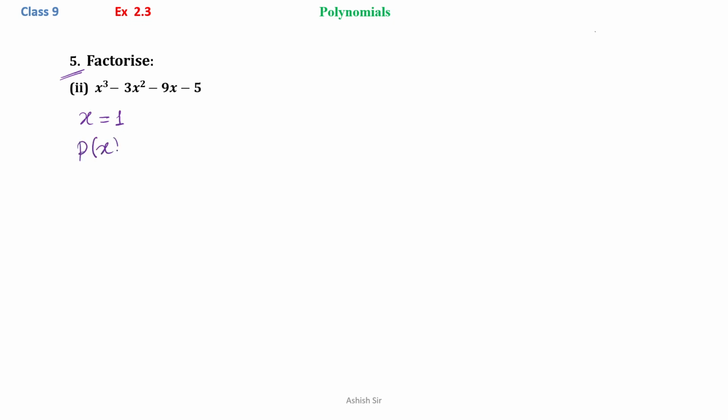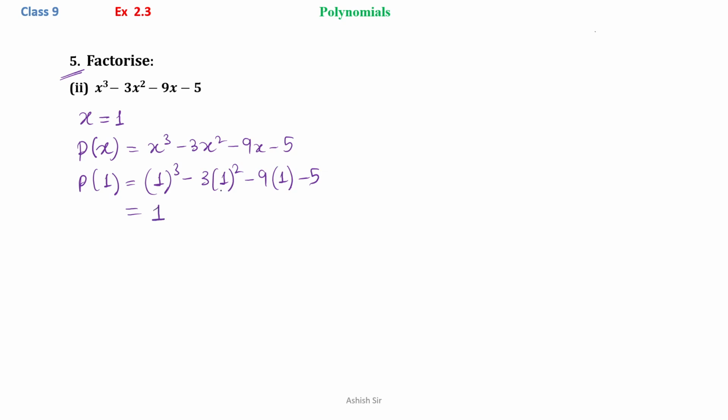The polynomial is given to us as p of x equal to x cube minus 3x square minus 9x minus 5. Now p of 1 will be 1 cube minus 3 into 1 square minus 9 into 1 minus 5. Now 1 cube is 1, 1 square is 1, 3 ones are 3, minus 9 minus 5.